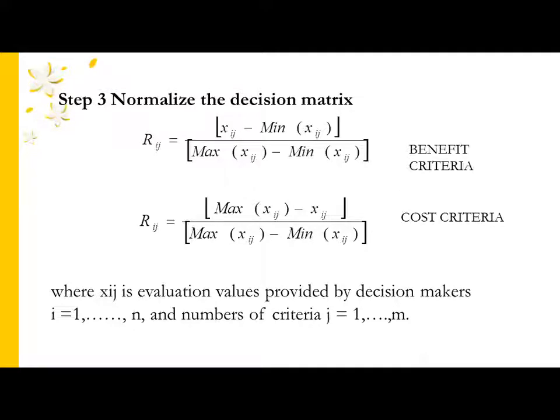Here we classify the criteria as benefit criteria and cost criteria, and we normalize the decision matrix using both formulas or either of the two, depending on the criteria we are dealing with. Sometimes we deal with benefit criteria, sometimes with cost criteria, and many times a combination of both. Whenever we are dealing with benefit criteria, we use the first formula, and for cost criteria, the second formula.